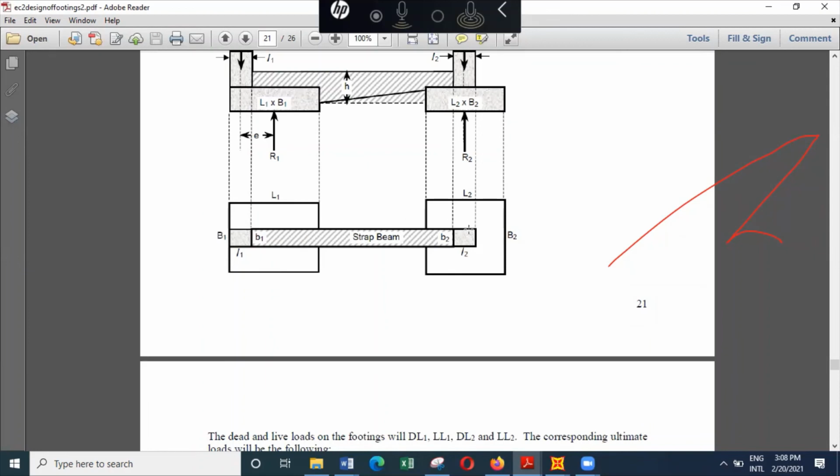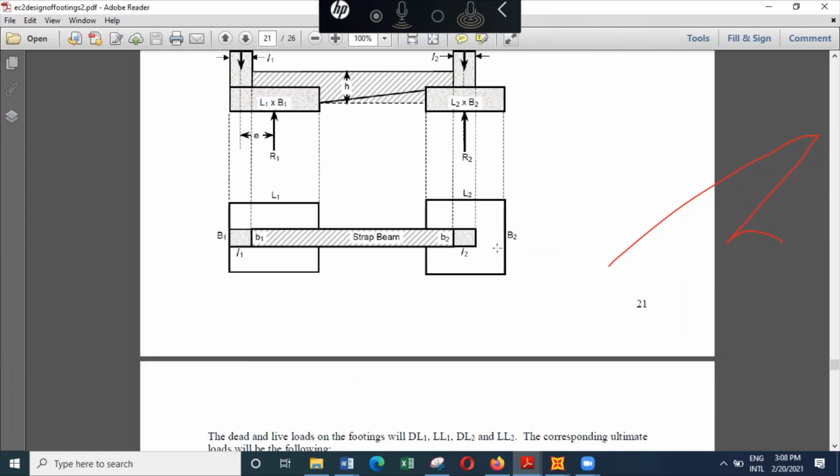When it comes to this footing, you can have a critical section here, this way, and you can have a critical section this way. So that means this footing will need main reinforcement in both directions.